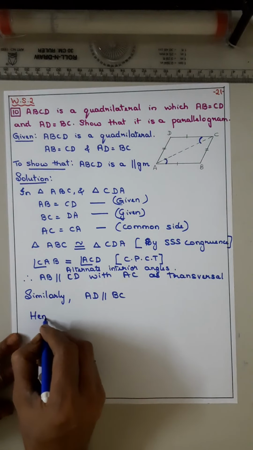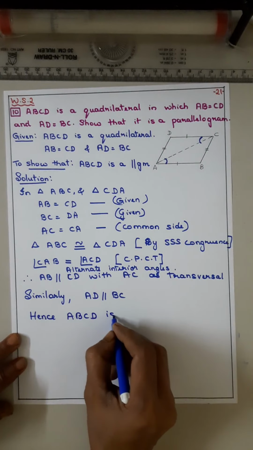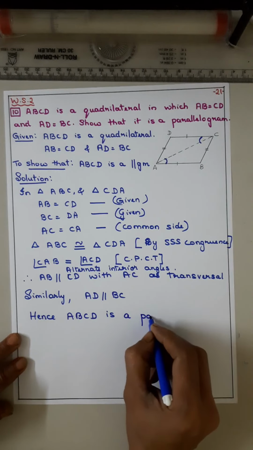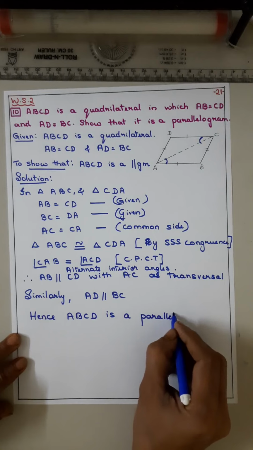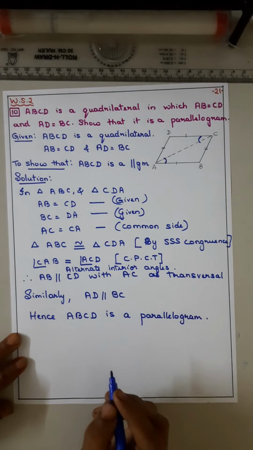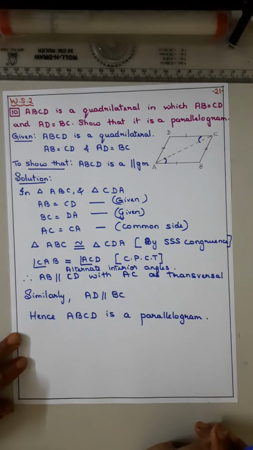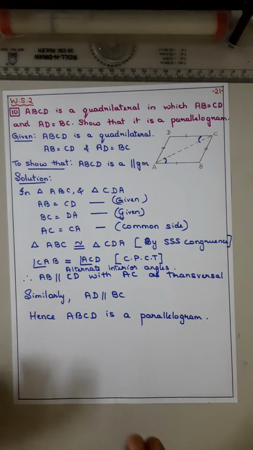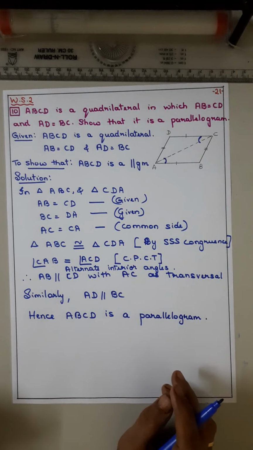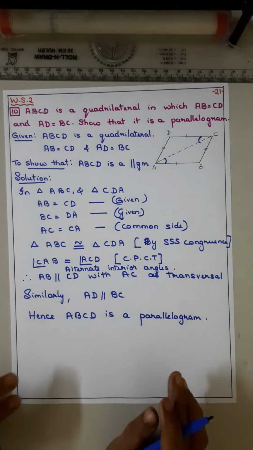Hence, ABCD is a parallelogram. Why? AB is parallel to CD, AD is parallel to BC. When both pairs of opposite sides are parallel and equal, then it becomes a parallelogram.